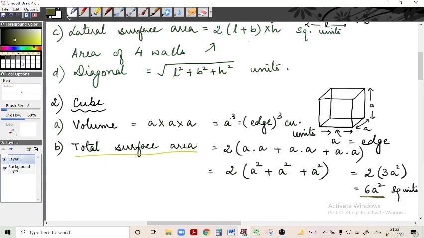Then next, number C, that is lateral surface area.